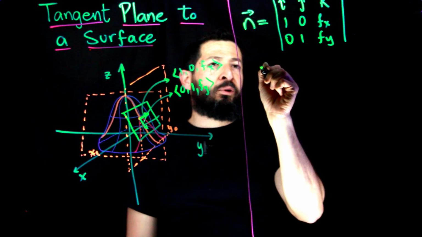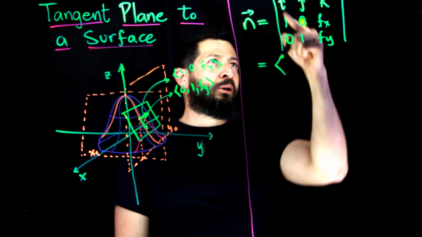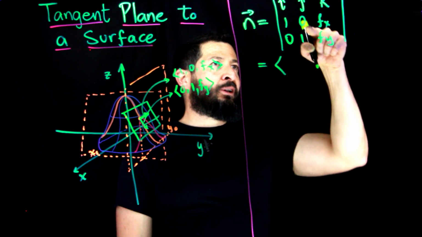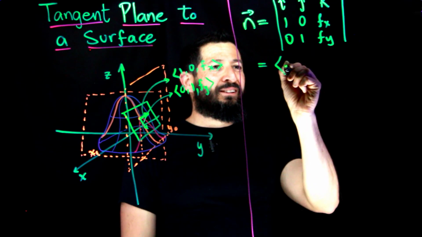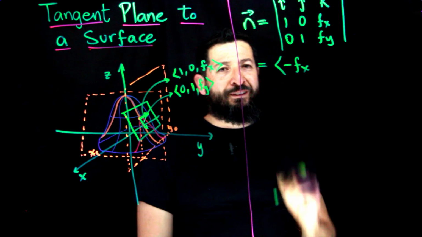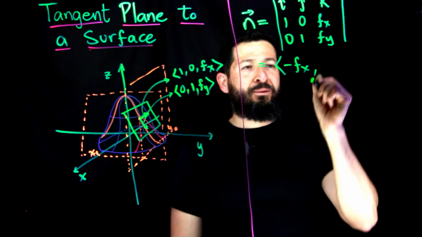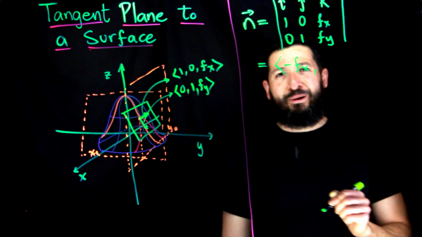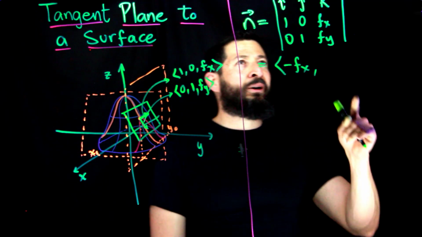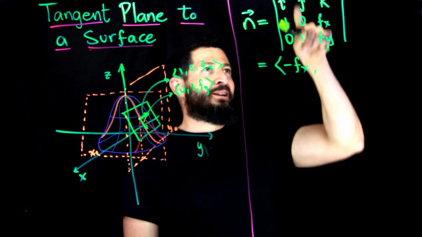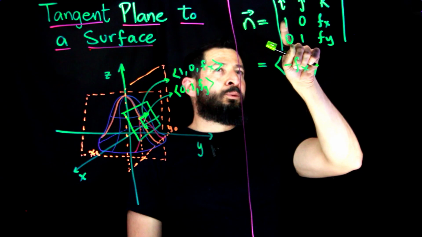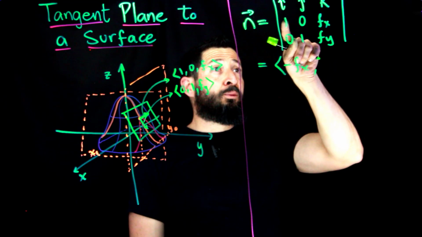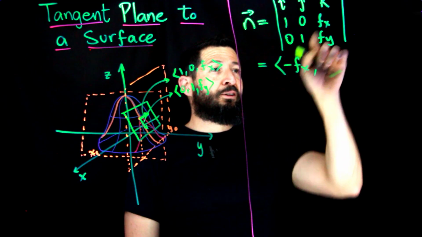So when you do this product in the i coordinate, you would eliminate this and you get 0. I got the negative. Okay. 0 times fy minus fx, which is okay. We can do the negative. I'm going to change it to positive just because it's customary to write it with positive. Now for j, you eliminate this row and this column, and you remember that you would multiply times negative 1, so you get 1 times fy is fy minus 0.